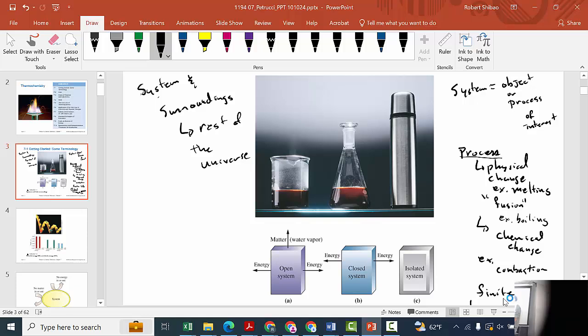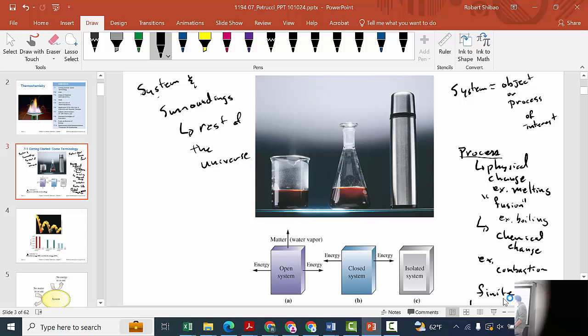It's lost from whichever side you're on. If you're on the system side and you have negative energy, that means we're losing energy. And so that would be like minus $10. If you're on the opposite side, then you'd be gaining that. And so we have a sign convention for this that we'll talk about continuously.